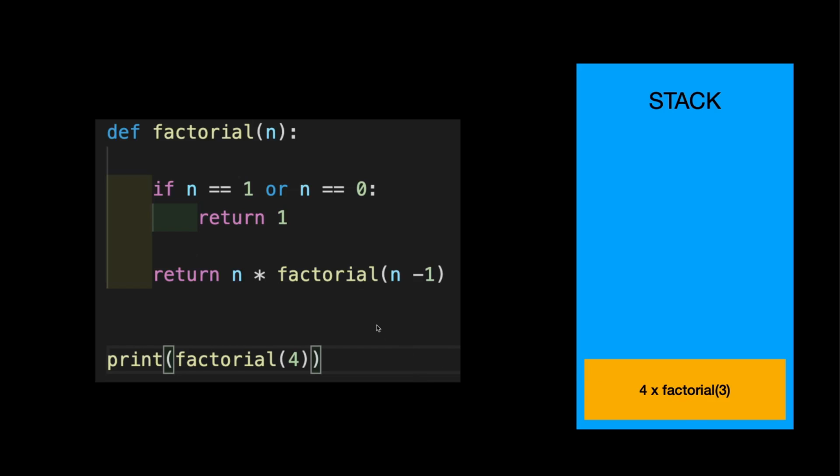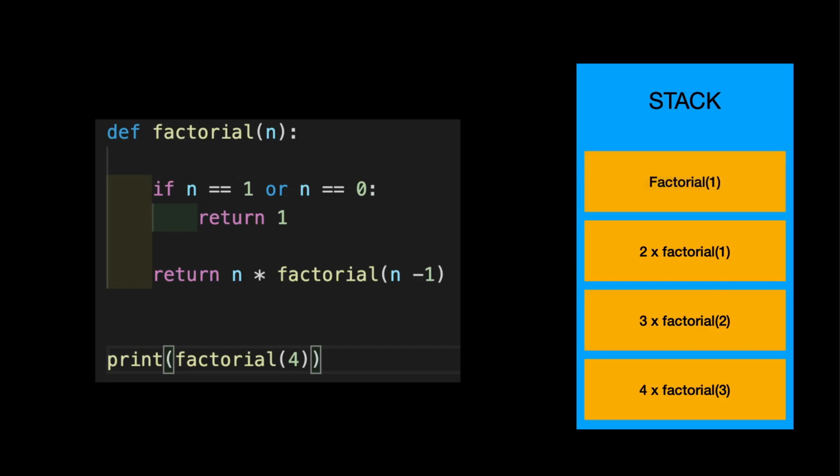Here we are calling factorial 3. When I call factorial 3, one more function call will be placed above the previous function call in the stack. And here again, we are calling factorial 2, which will be placed above factorial 3. We'll keep doing this until we reach the base case. Here the base case is factorial 1. Once we hit the base case, 1 will be returned, and as soon as it's returned, the frame will be removed from the stack.